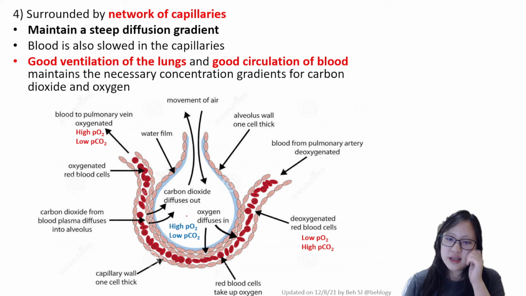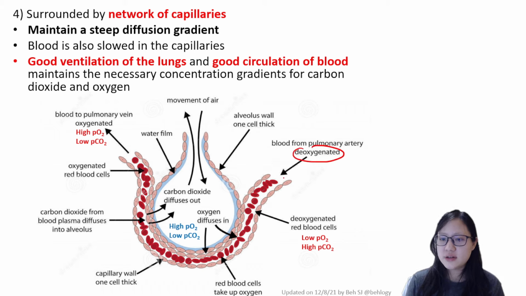Let's look at these labels of high and low partial pressure. This is deoxygenated blood coming in from the heart. This deoxygenated blood would have a low partial pressure of oxygen, so low PO2.